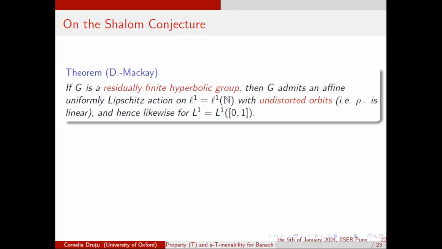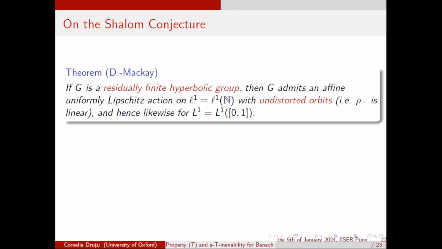Moreover, it has undistorted orbits. So that means that the induced metric and the initial word metric are bi-Lipschitz equivalent. And of course, it can be done for either L1 or large L1.